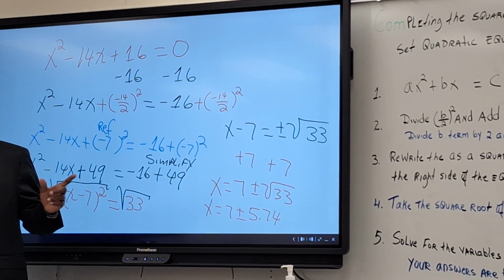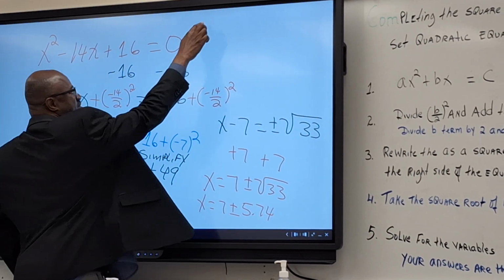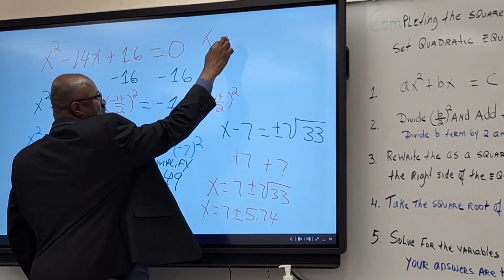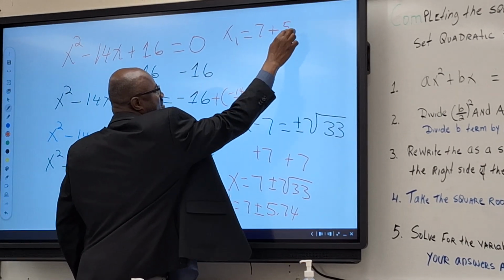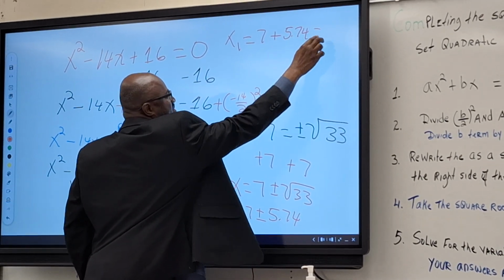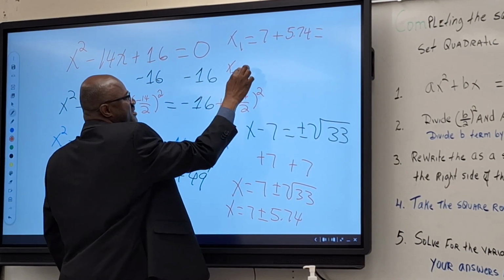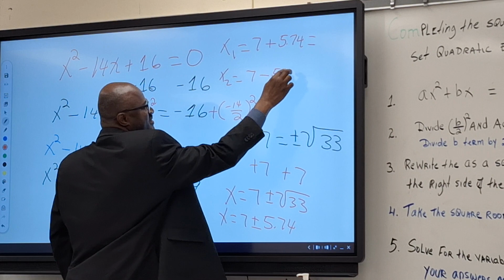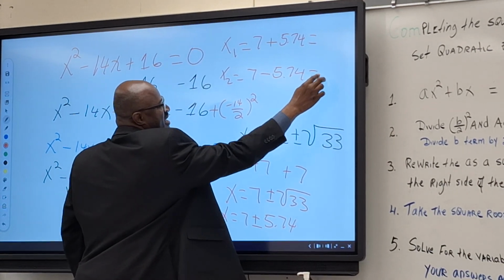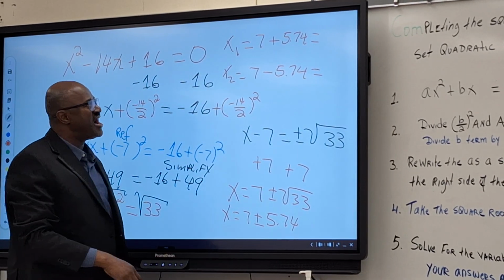And that will be the end of it. If you want to find it, x1 is equal to 7 plus 5.74, then you get an answer. The second one would be 7 minus 5.74, that's how you get your second answer, in decimal value.